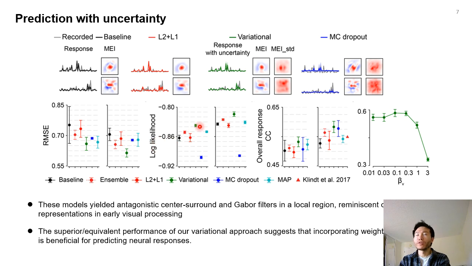We see that the value is higher than the other models. Also, when we increase beta v, we see that the linear correlation suddenly drops. So, the superior or equivalent performance of our variational approach suggests that incorporating weight uncertainty is beneficial for predicting neural responses.